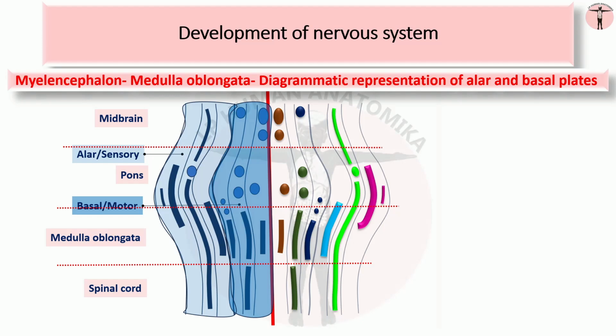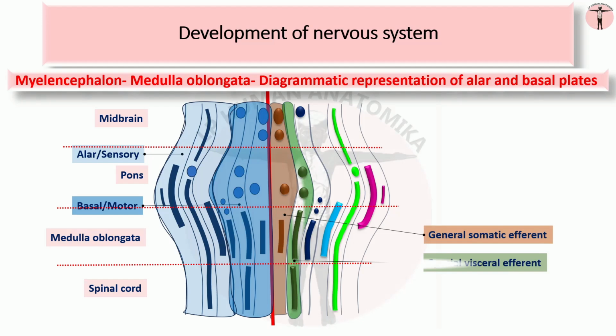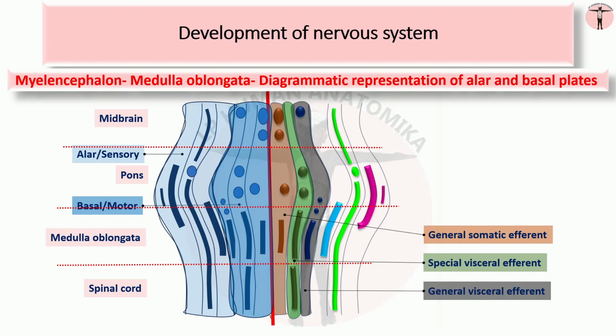Neuroblasts from the basal plates form nuclei and organize into 3 cell columns on each side from medial to lateral: general somatic efferent, special visceral efferent, general visceral efferent. Neuroblasts from the alar plate form neurons arranged in 4 columns on each side from medial to lateral.